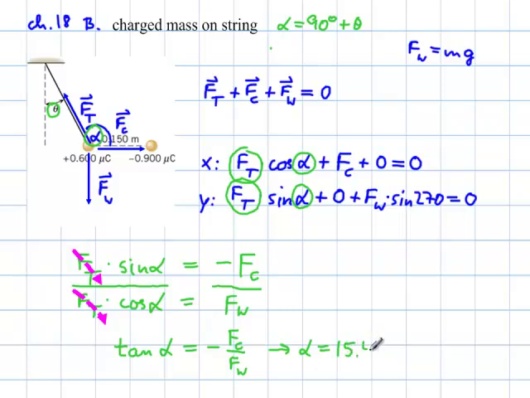Okay, and then you take just one of the two equations, and you plug in for Ft. So you're going to do Ft equals, I'm going to use the easier one, the second one here.